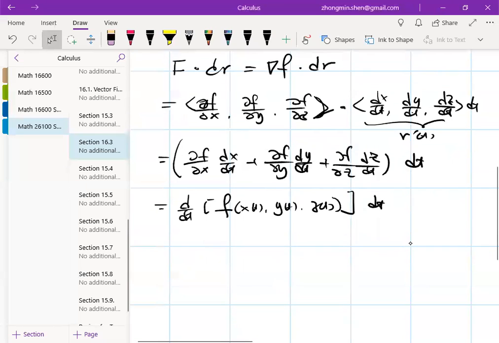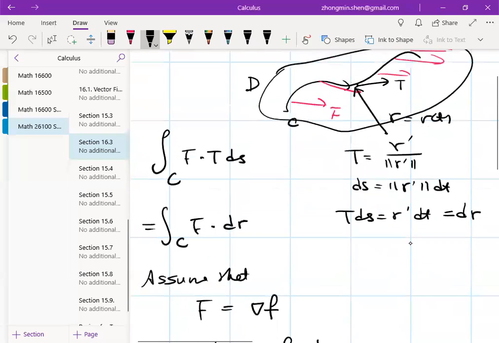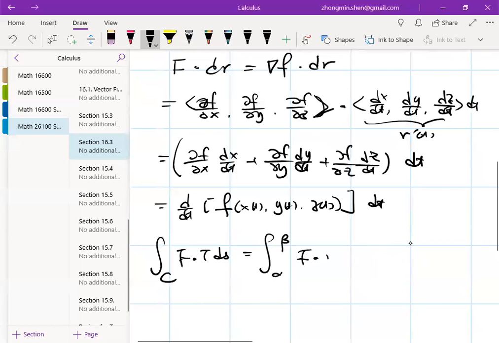So if you parameterize this curve, t is between alpha and beta, for example, right? Then this line integral F dot T ds is changed to the line integral from alpha to beta of F dot r prime dt.